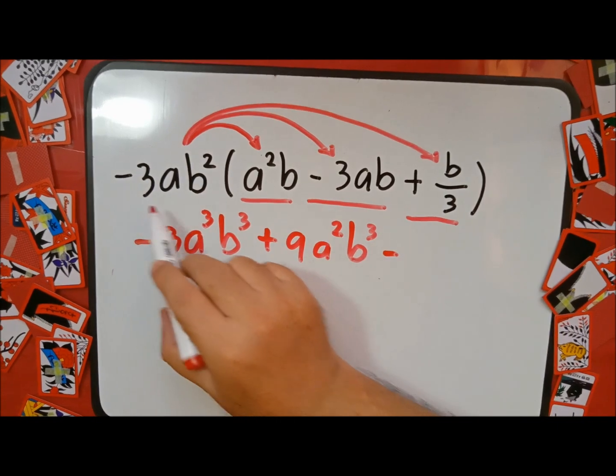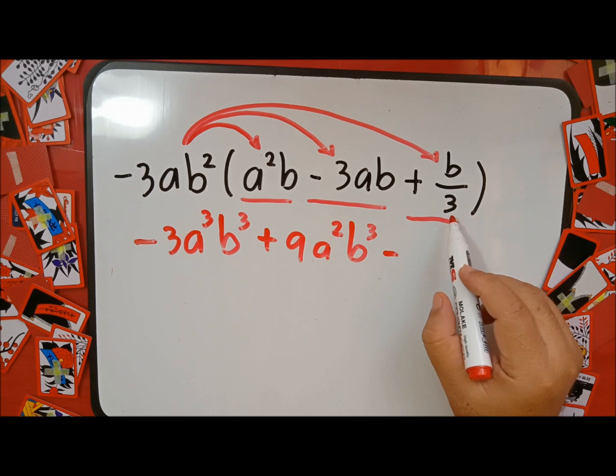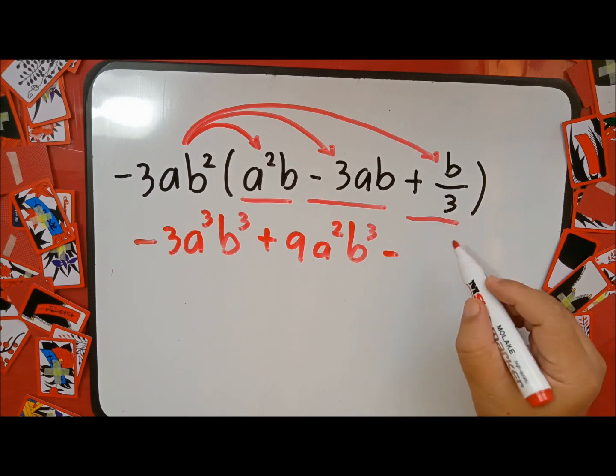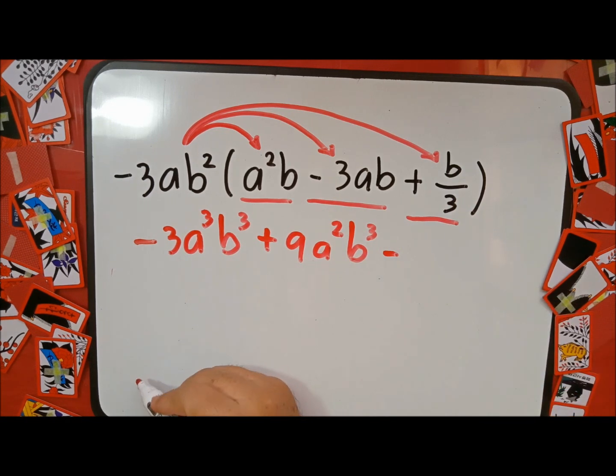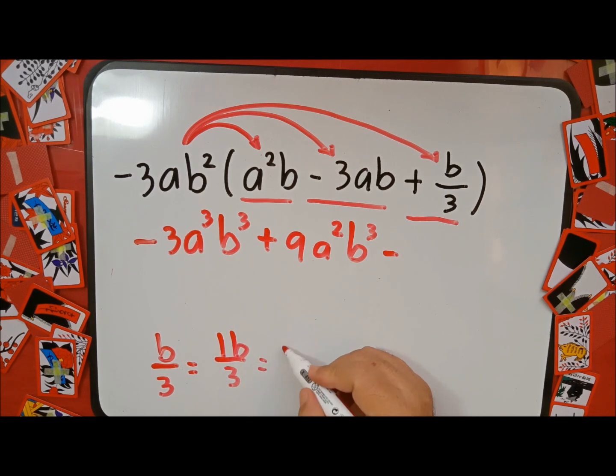But, how will you multiply negative 3 to b over 3? So, remember, b over 3 is also the same as 1b over 3, which is also the same as 1/3 b.